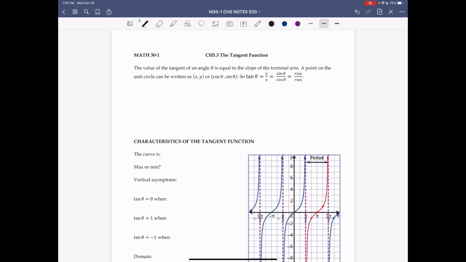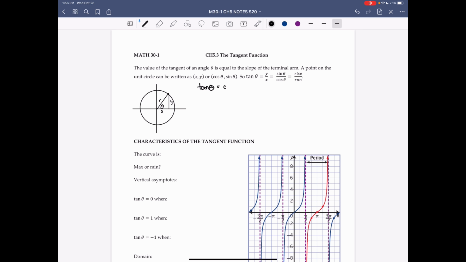Let's draw a diagram to represent this. If we have an angle theta, you can draw a right triangle by going straight down to the x-axis. Then the opposite side is the y value, and the adjacent side is the x value, and our hypotenuse is the radius.